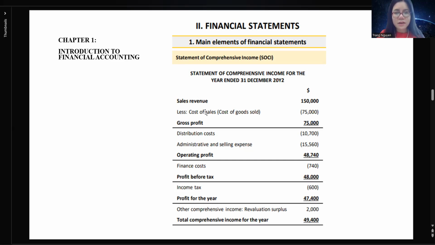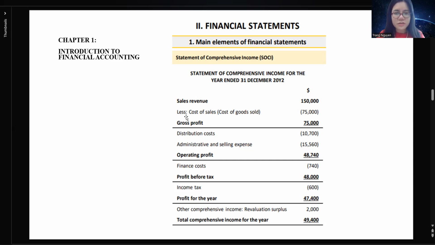And then the cost of goods sold. When we use sales revenue minus cost of goods sold, we will have the gross profit. Then some other items such as the distribution costs, administrative and selling expenses.